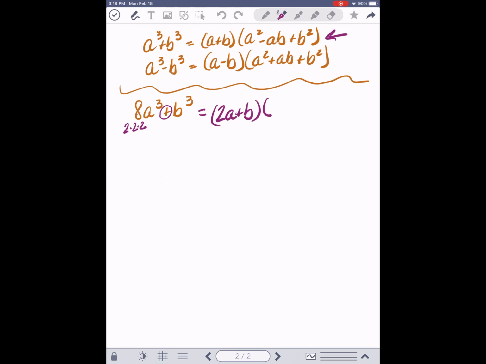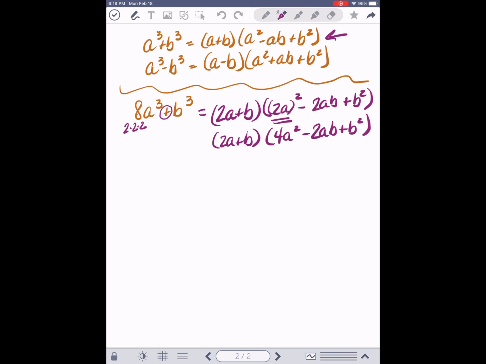And then we have 2a squared minus 2ab plus b squared. And this part here, the 2a squared, we want to take that even further. So we have 4a squared minus 2ab plus b squared. So that's what we have there for that answer.